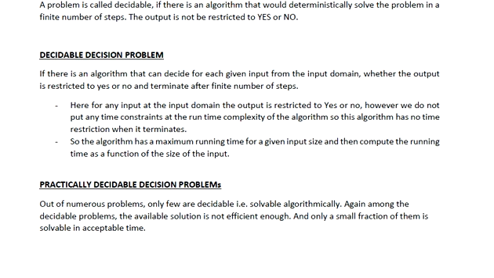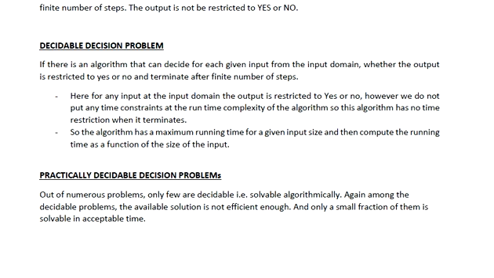Now there is another important type of problem called the decidable decision problem, where you have an algorithm that can deterministically solve the problem, and for each input in the input domain the output is restricted to yes or no. The interesting part is that the algorithm has a maximum running time for a given input size, computed as a function of the size of the input.